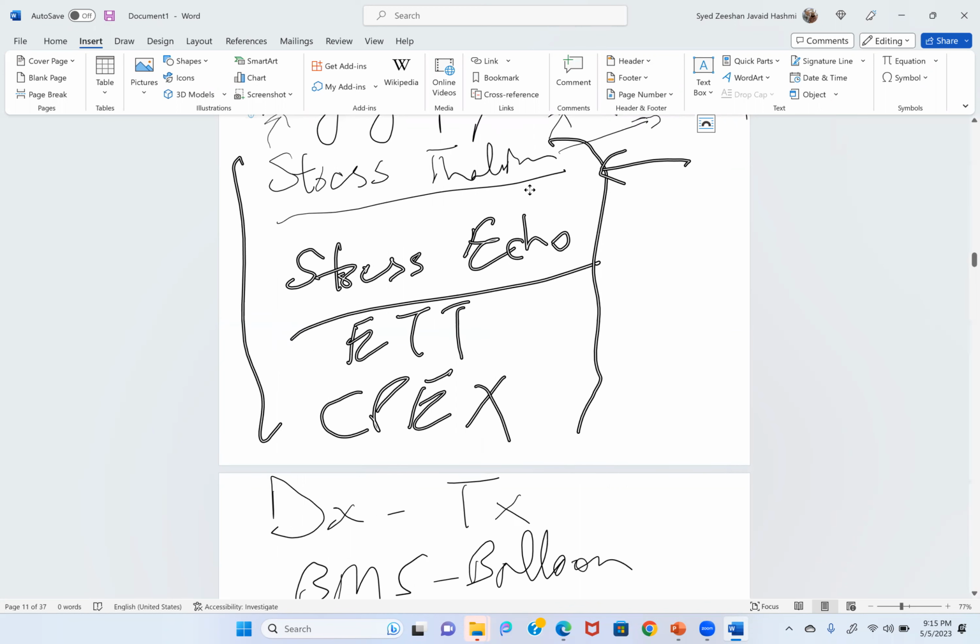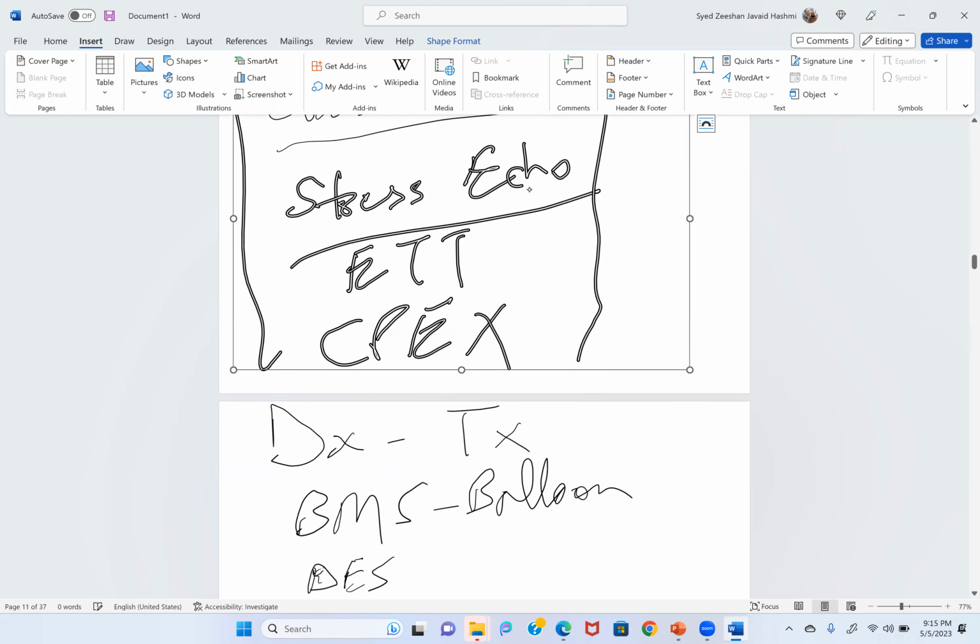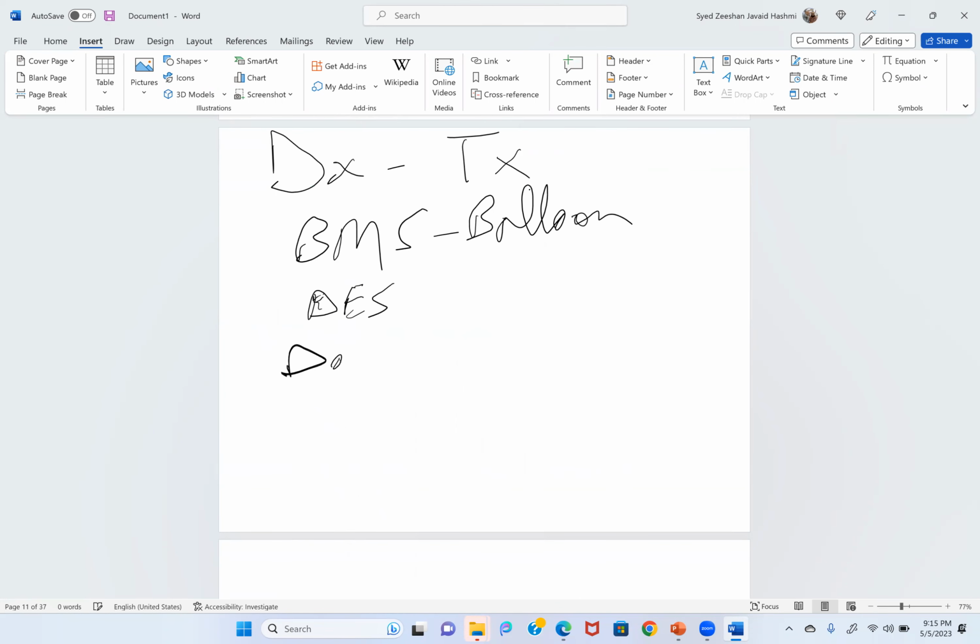One more thing, in stress echo, as was mentioned in the message box, the dobutamine stress. They just give a stress to the heart, and then they see any change.